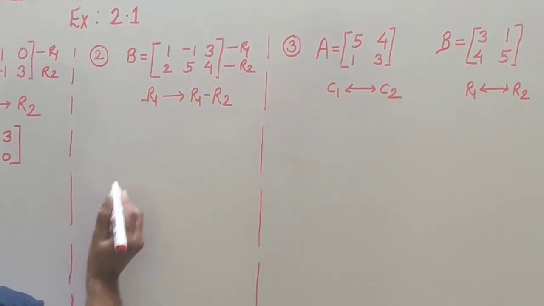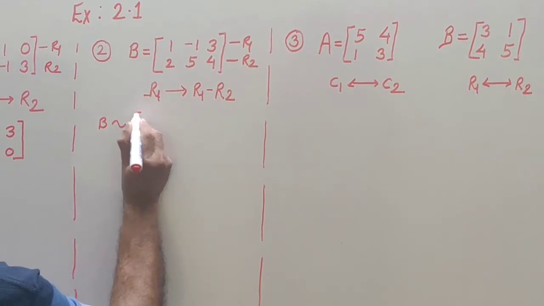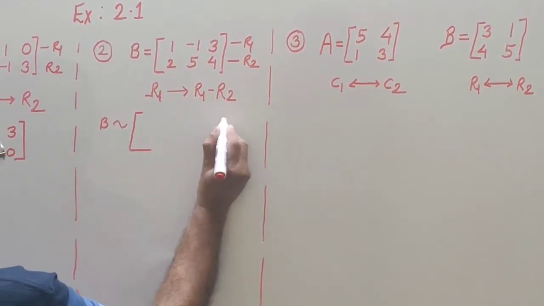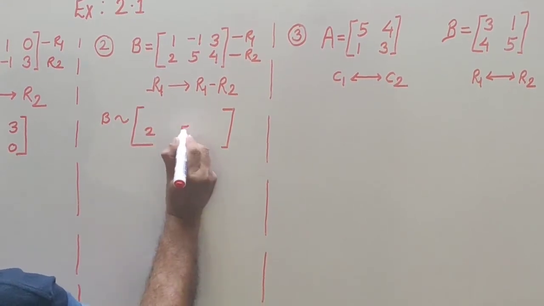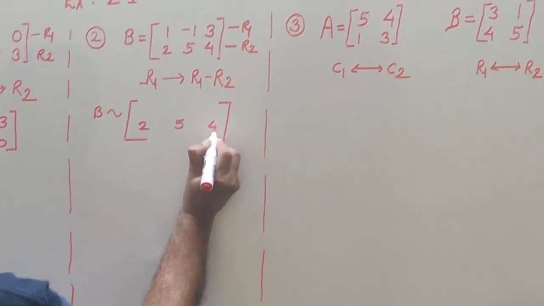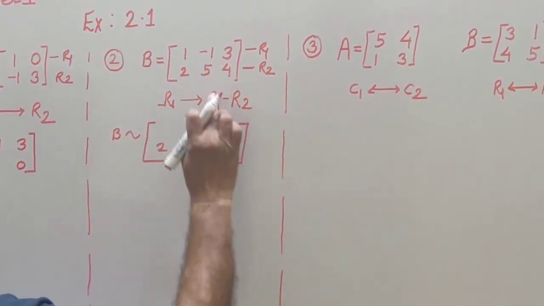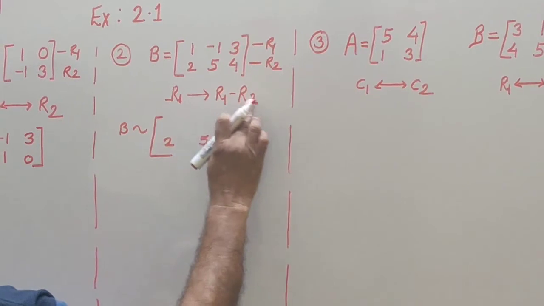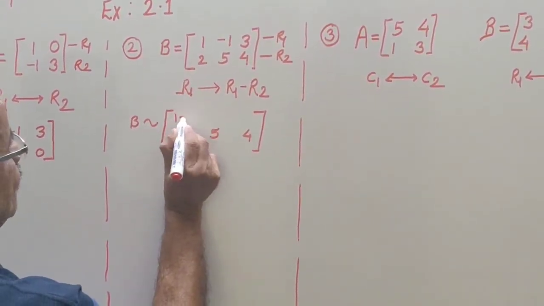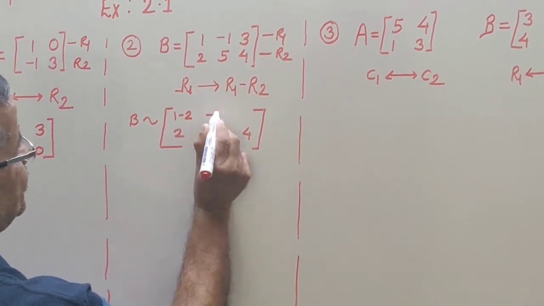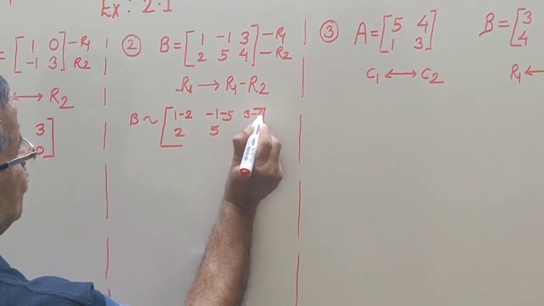Means in this operation B equivalence. Okay. I will write down R2 as it is. Means 2, 5 and 4. Now I will apply the operation on only R1, that is R1 minus R2, means 1 minus 2, minus 1 minus 5, 3 minus 4.